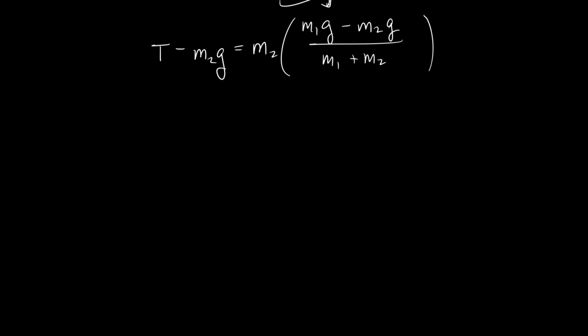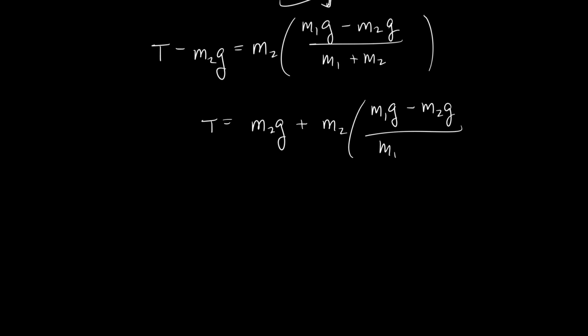Now you're supposed to get this for tension, so I would just add M2G to both sides. And this looks pretty crazy, and it's hard to make heads or tails of it.